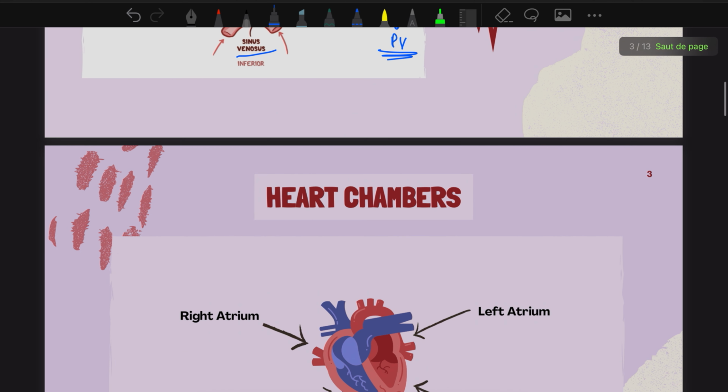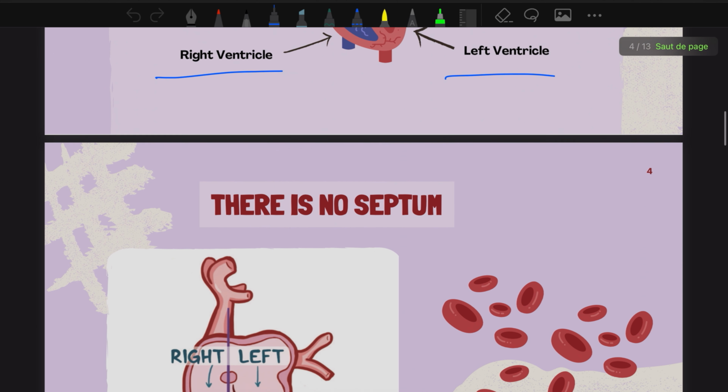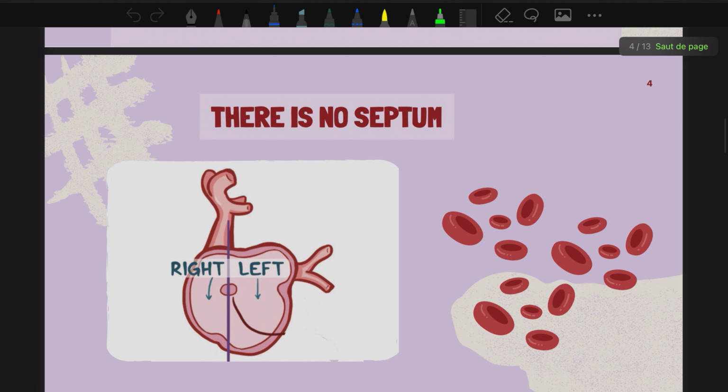As we all know, we have four chambers: the right and left atrium and the right and left ventricle. Today we will see how we got these four parts, because when the endocardial tube starts folding, there is no septum and the heart is not divided into four parts.